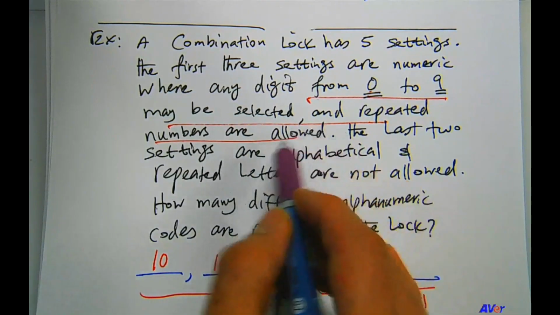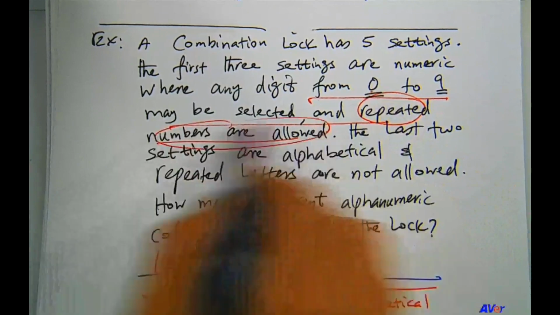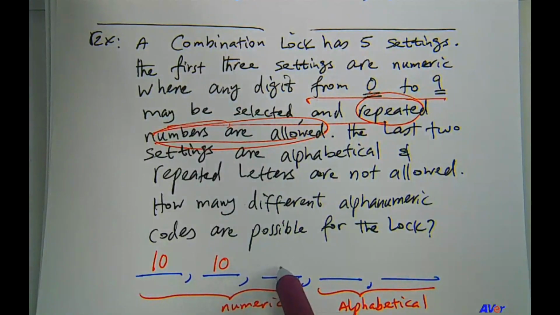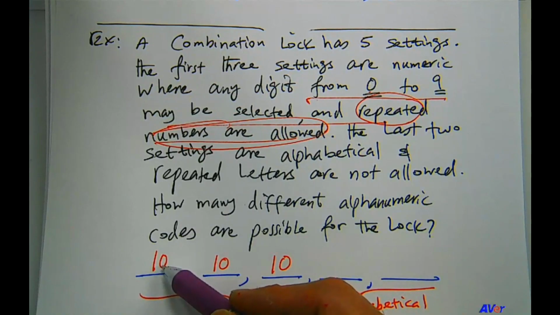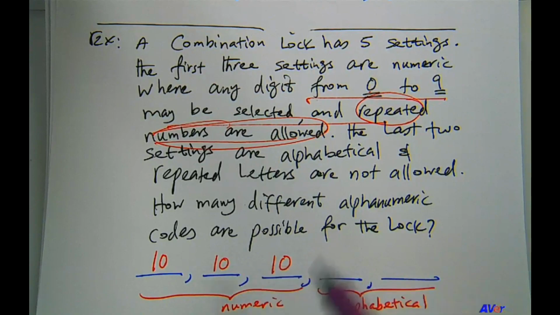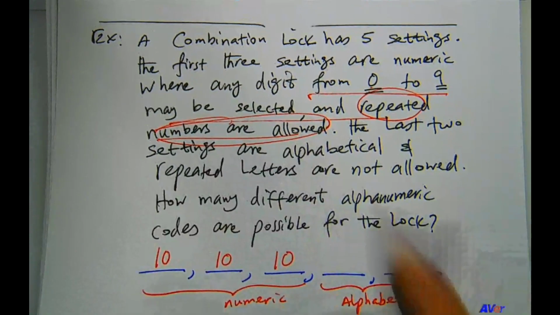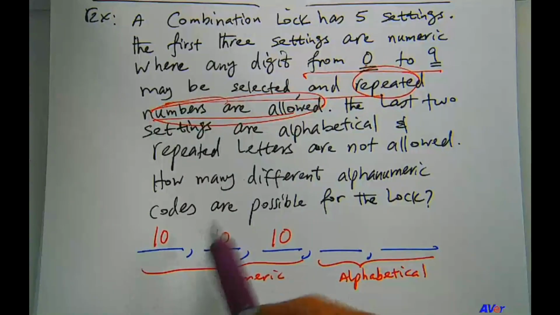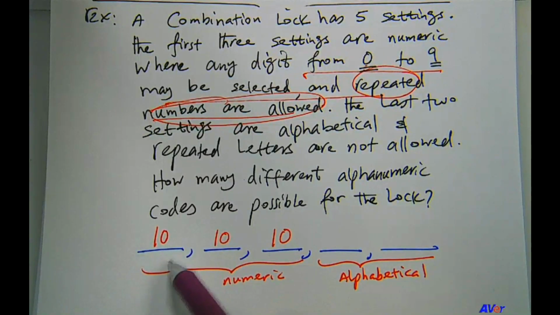So another 10, and that doesn't reduce the number of choices we have for this setting, because this is again a numeric setting. So again, we have 10 options. If you pick 9 for this, for example, then you can pick 9 again here and again here. Repeated numbers are allowed. That's the significance of that statement. It tells us how many options we have left to choose for each spot.